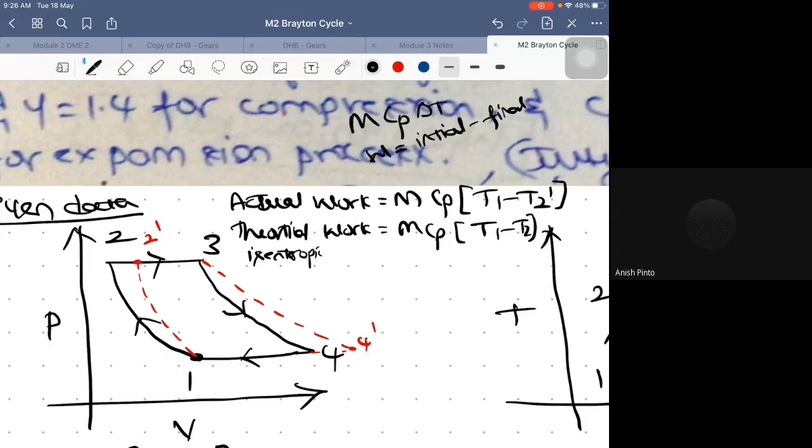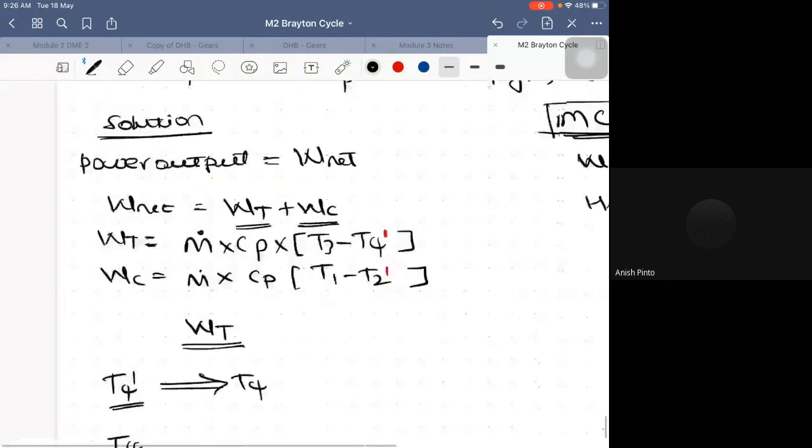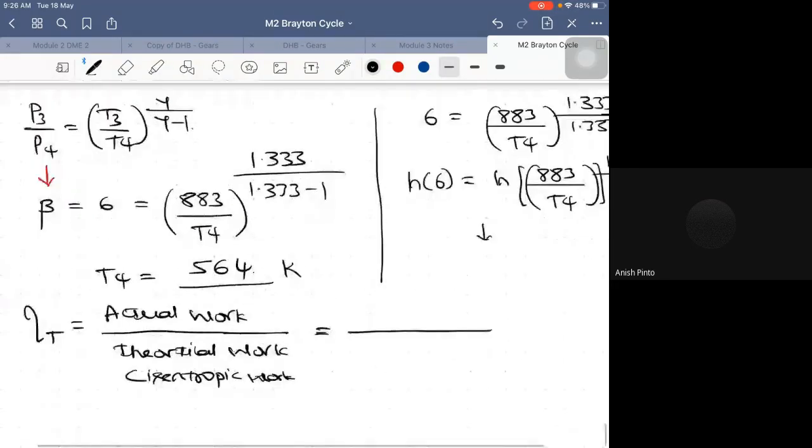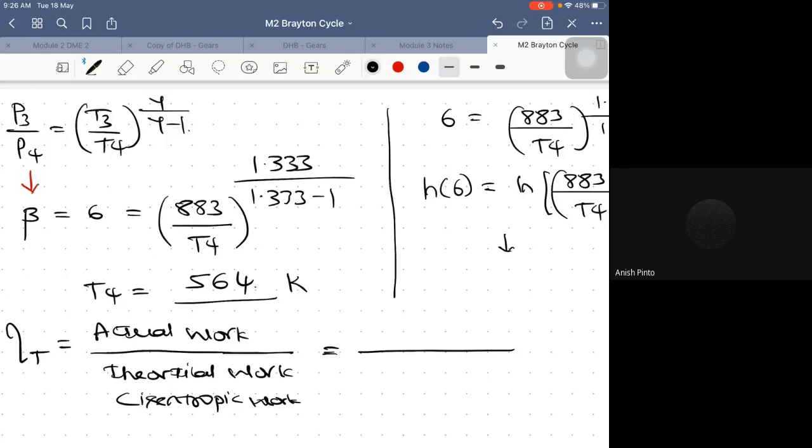Actual work is m Cp into T3 minus T4 dash.